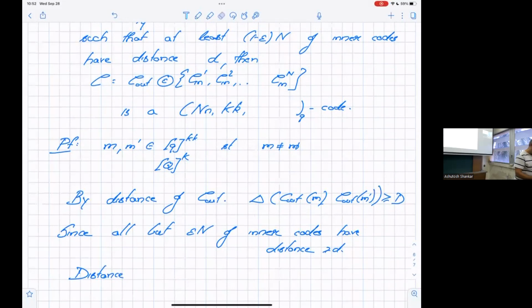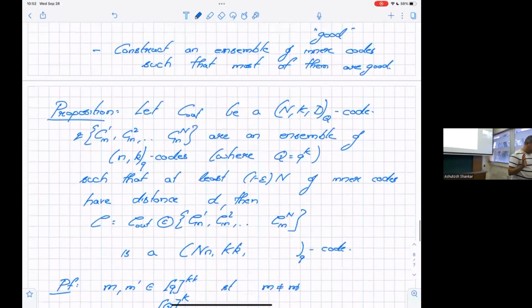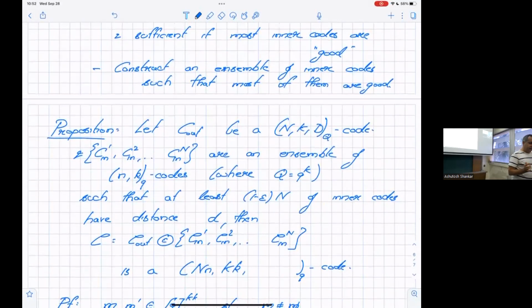The distance of the concatenated code between C of M and C of M prime is going to be at least D minus epsilon n times d. So as long as D was a constant fraction and epsilon was a small number, you still more or less get Dd. That's in retrospect, once you realize the idea, it's simple. This proof is trivial.